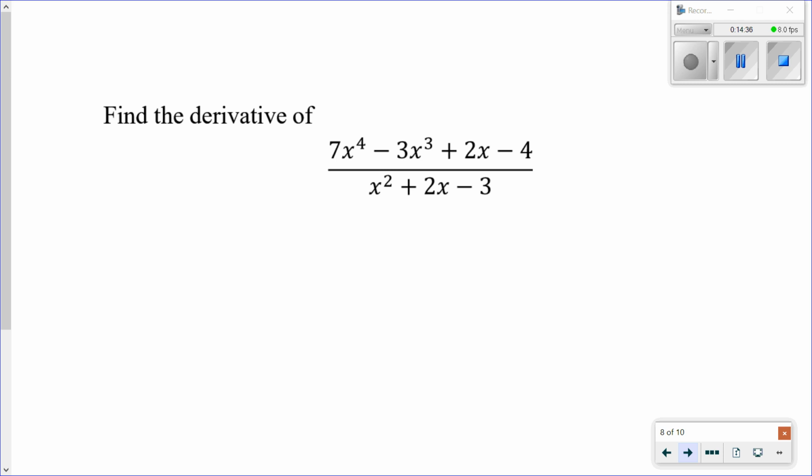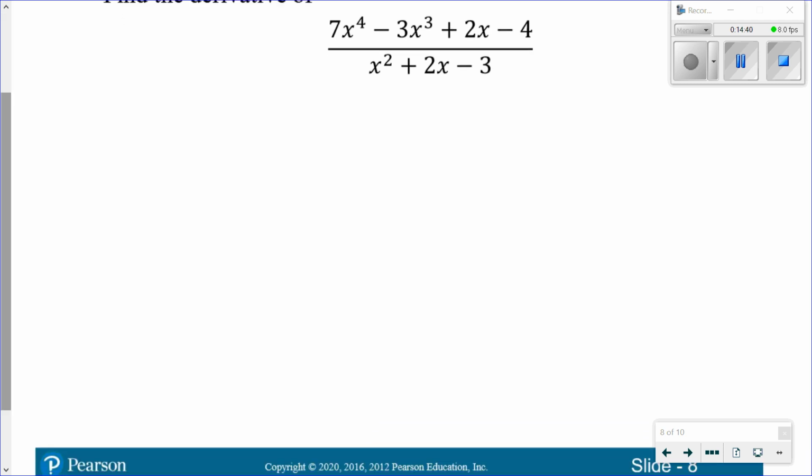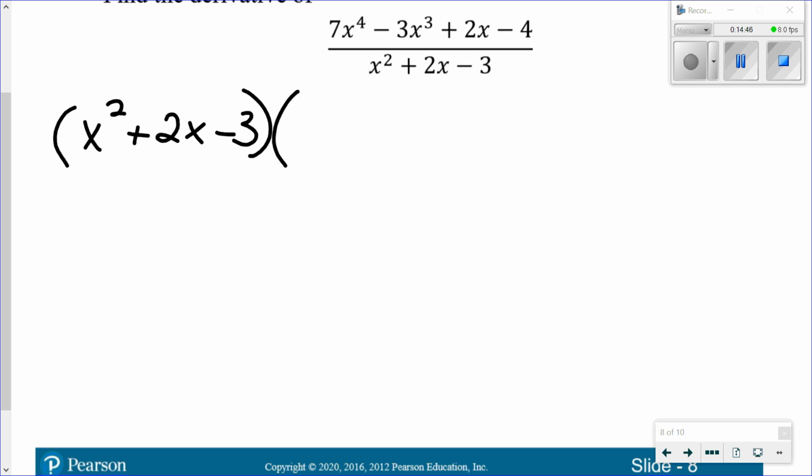So the bottom, leave it alone, times the derivative of the top.